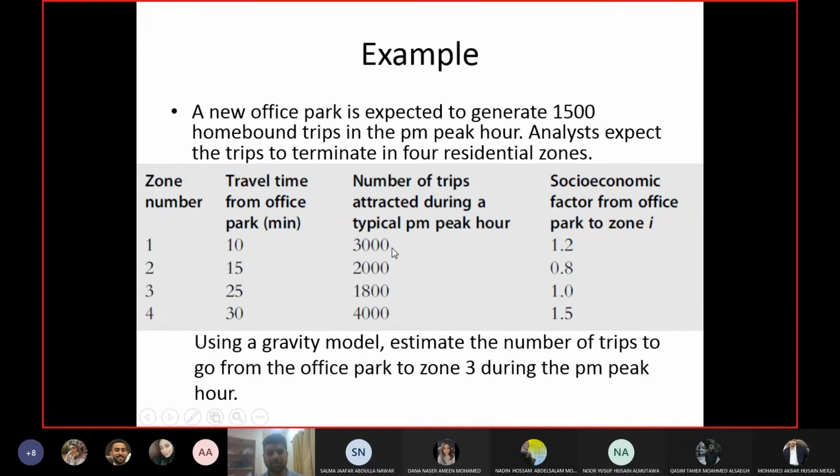So 3000 trips are coming from zone 1 to my site, and 2000 are coming from zone 2 to my site. In terms of trip distribution, these are the number of trips exiting from zone 1, zone 2, zone 3, and zone 4 towards my office establishment.